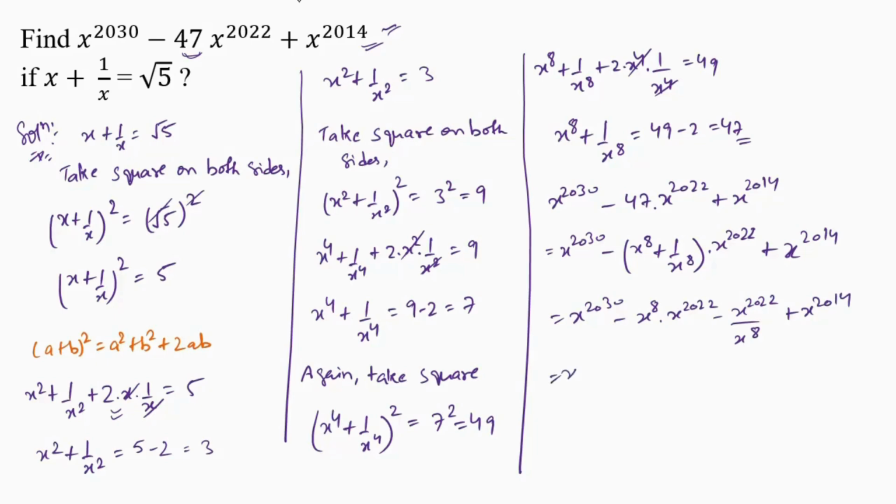So on solving this we get x raised to power 2030 minus x raised to power 2030, they will get subtracted, so we get minus x raised to power 2014 plus x raised to power 2014. So they will all get cancelled out and we get 0.